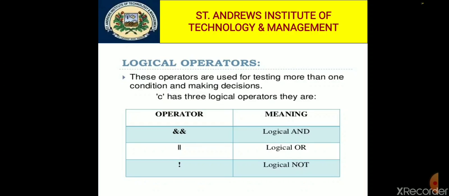If we are talking about the second operator, logical OR: when both operands are false, the logical OR operator gives the result false, and gives the result true even if one of the operands is true. If we are talking about the third operator, logical NOT, it returns the reverse of what is evaluated. These are the logical operators.